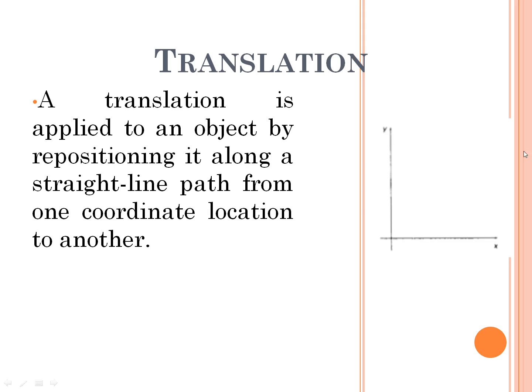And how could we do that? Suppose this P is the object position. We have to shift this object from point P to P dash, and this T is a distance vector, how much we shift the object in the x direction and then in the y direction.